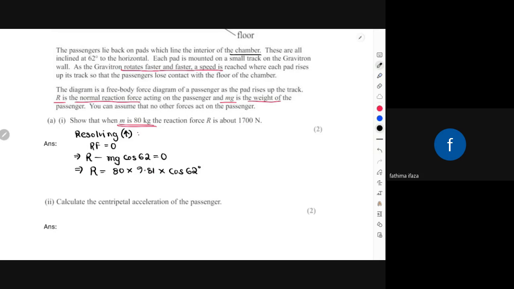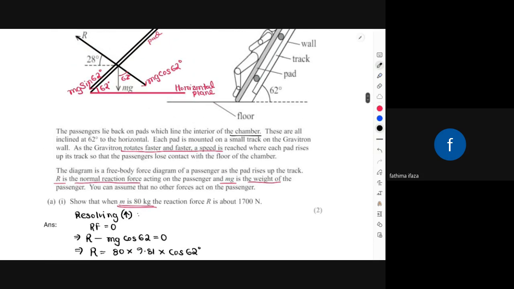Obviously, convert your calculators from radian to degree. Multiplied with 9.81 multiplied with cos 62 degrees. 1 minute. That is 62 degrees, with the weight the person was on this plane.